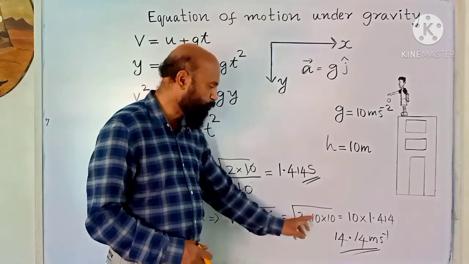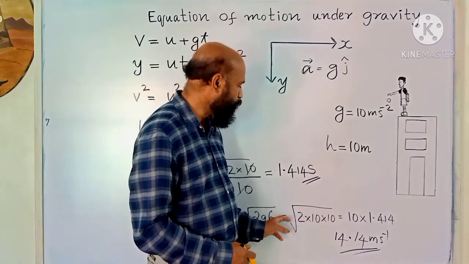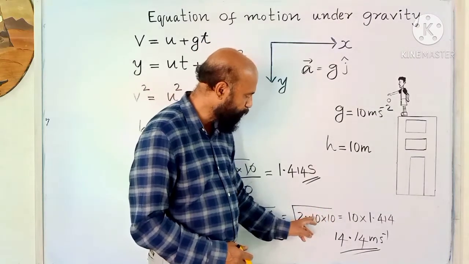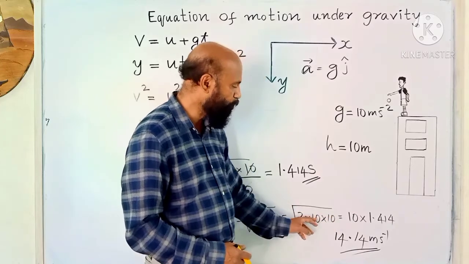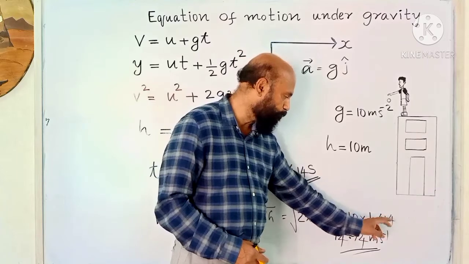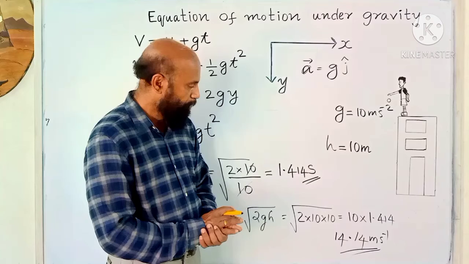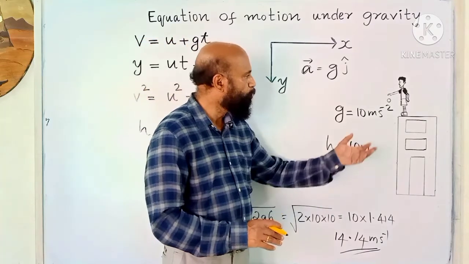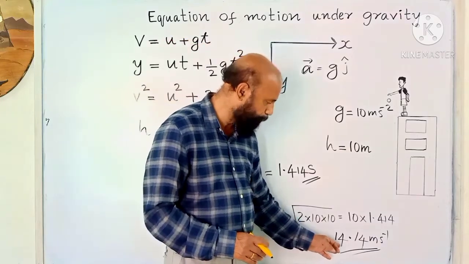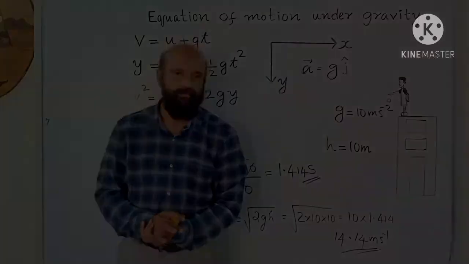Now 2, acceleration due to gravity 10, height 10, then square root of 200. So 10 into 10, 100, square root of 100 is 10, then square root of 2, 1.414. So if you multiply by 10, it is 14.14 meter per second. Both iron ball and feather will have the same speed when they reach the ground.